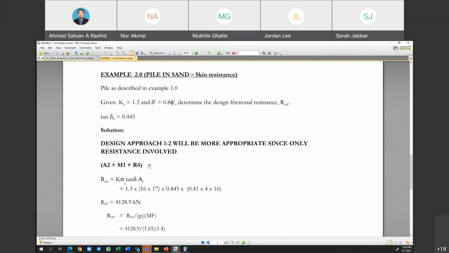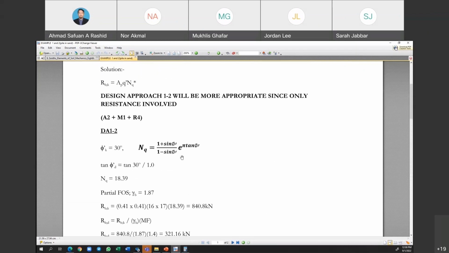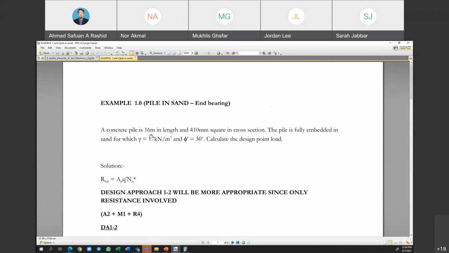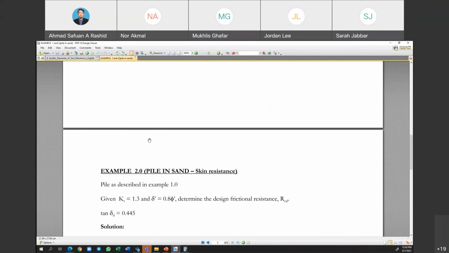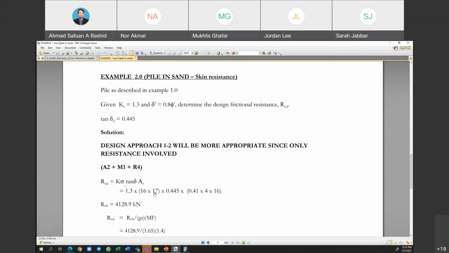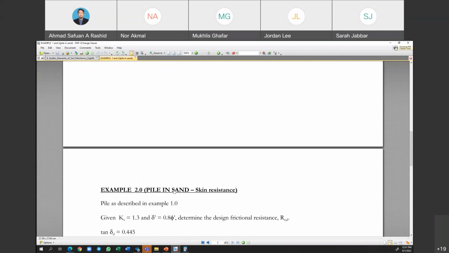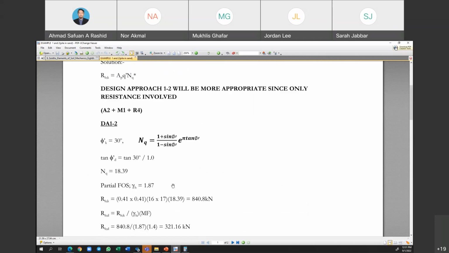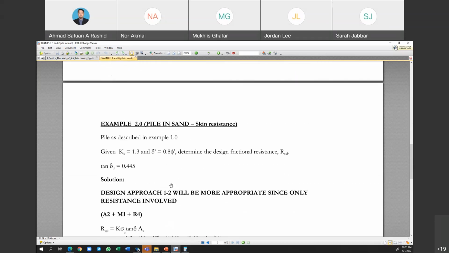Okay, so then we calculate first for the skin resistance: 1.3 times 18 times 17. Okay, 16 is the length, and 17 is the unit weight, times 0.445.